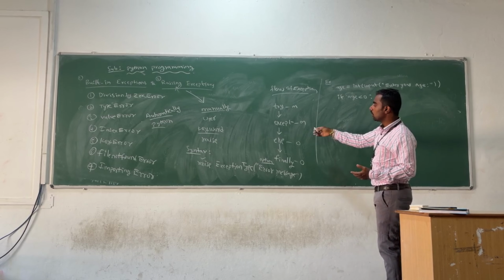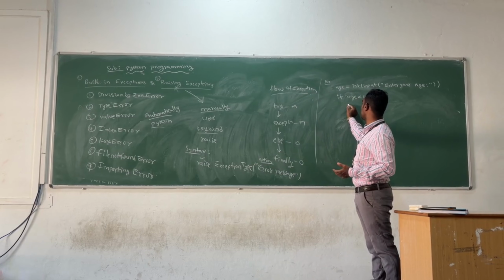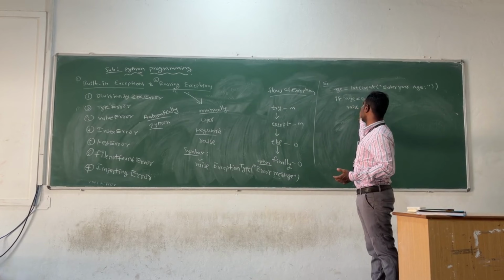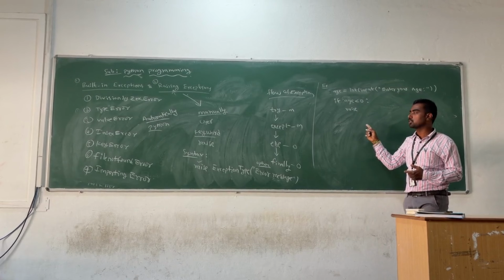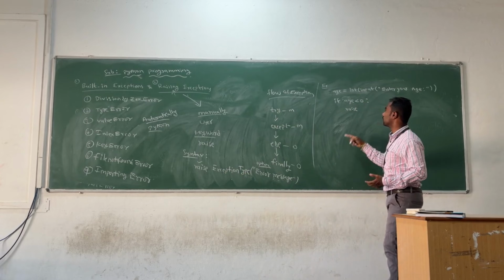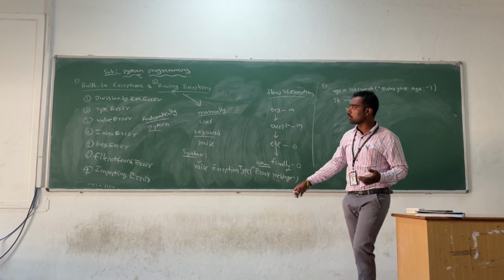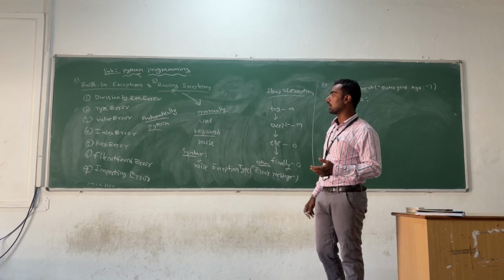So how to generate the error? We have the syntax. We should use the keyword raise initially. Next, the type of error we should mention, the exception type. Different errors we know: division error, type error, value error, index error and key error.